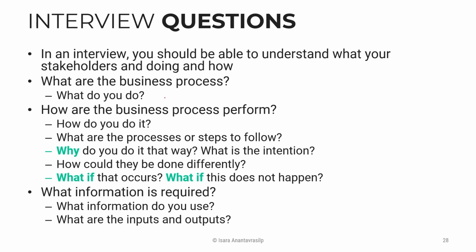But for the how, you need to make sure that they describe the steps precisely. For example, every time we do stock checking, we need to scan the product barcode, then count the number, and then compare the number we have counted with the number on the system. If the product that we have in stock is more than the system, we need to adjust the number.